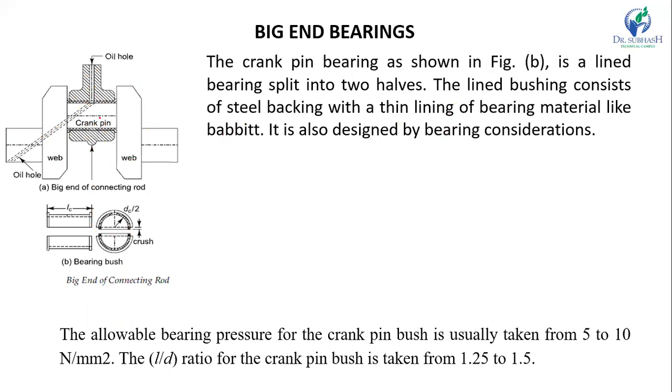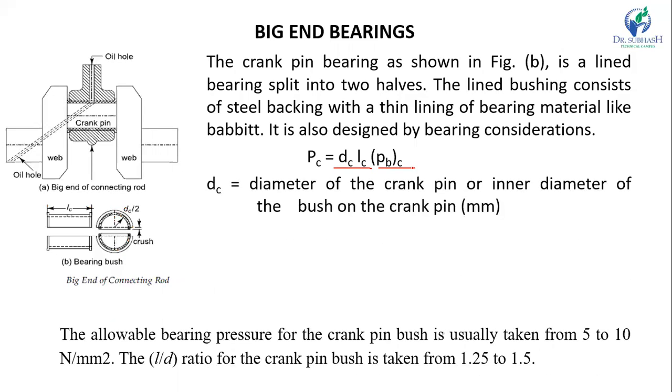Because bearing pressure acts in both, just as we designed the pin in the design of the lever using bearing pressure, in the same way here. So PC is equal to DC into LC into PBC. LC is the length of this bush and DC is the diameter, into PBC. DC is the diameter of the crank pin or inner diameter of the bush on the crank pin.